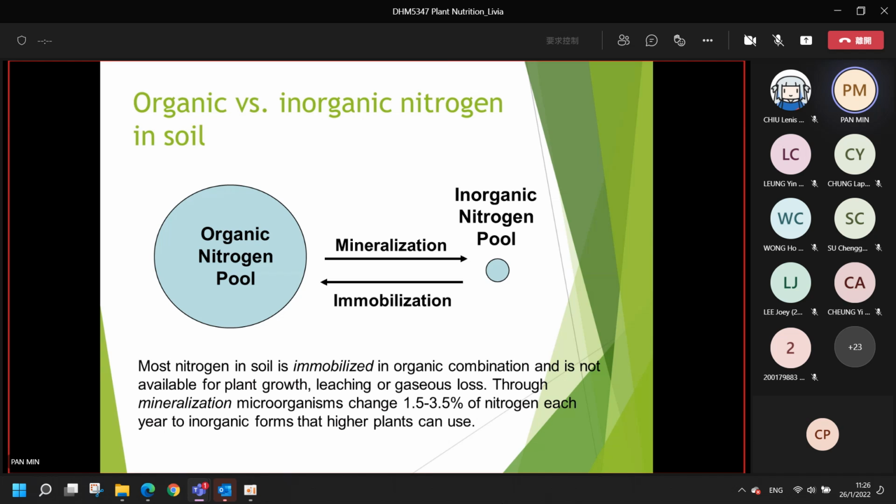And most of the nitrogen in the soil is immobilized in the organic composition and is not available for plant growth, leaching or gaseous loss.